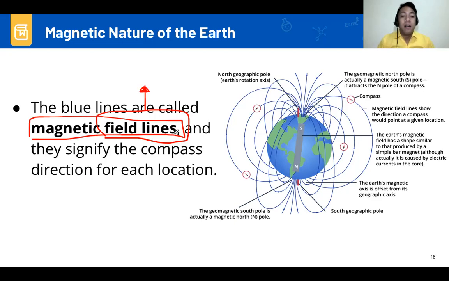And they signify the compass direction for each location. Kung nasaan yung North Pole ng magnet ng ating planet, doon naka-direct yung ating compass. Of course, what you follow is always the north.